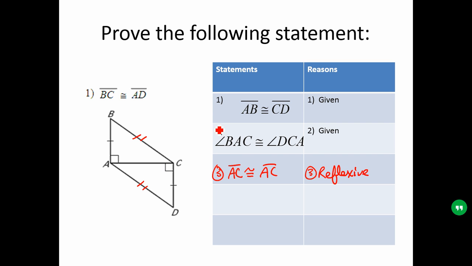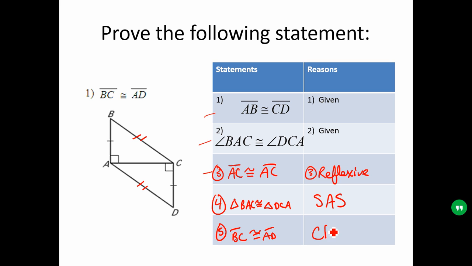Now we've shown that we have side, angle, side, so I can state that triangle BAC is congruent to triangle DCA, because of side, angle, side. Since the two triangles are congruent, I can now state that their corresponding parts are congruent. So BC is congruent to AD, and that's because corresponding parts of congruent triangles are congruent.